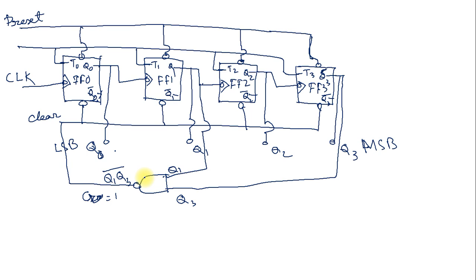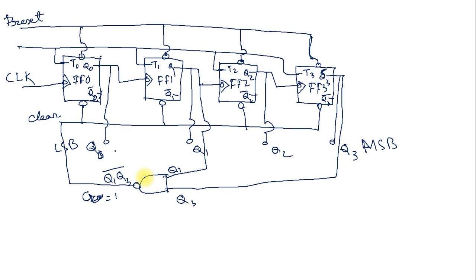So when Q1 and Q3 are simultaneously 1, at that time clear is 0. When clear is 0, the counter is in reset condition. The counter is reset or initialized. All the outputs Q0, Q1, Q2, Q3 become 0, so the initial condition comes.